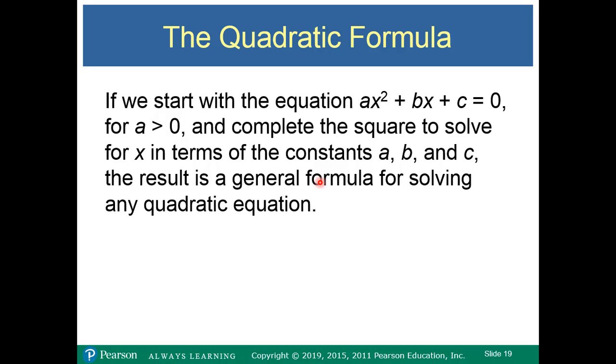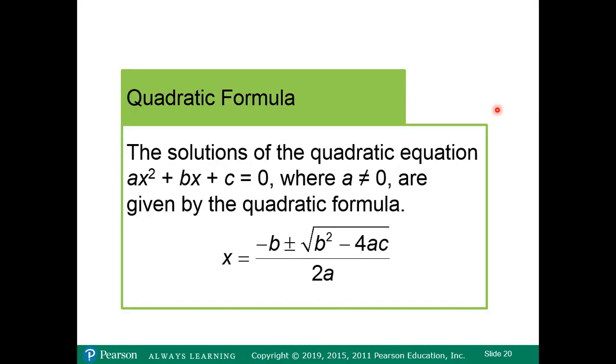If you don't want to use completing the square, right? So if we start with this general formula, we can use the completing the square steps to derive the quadratic formula. So what happens when you do that? So let's start with this, and what are we going to do? We're going to move the c over to the other side, right?